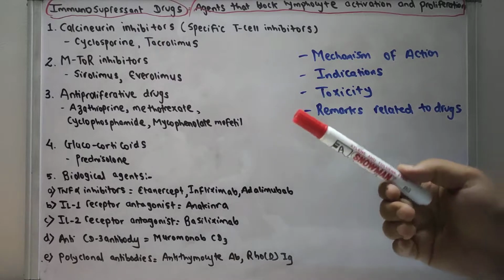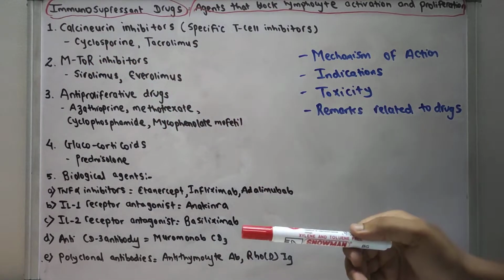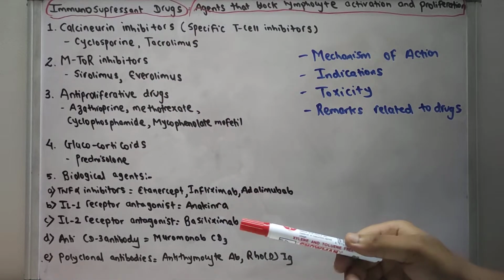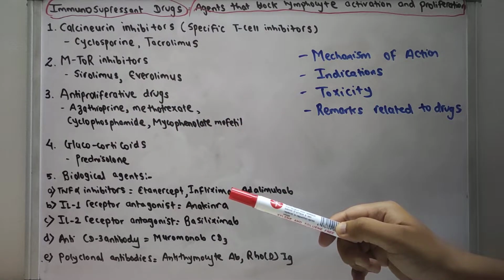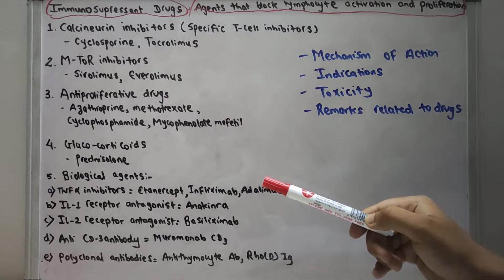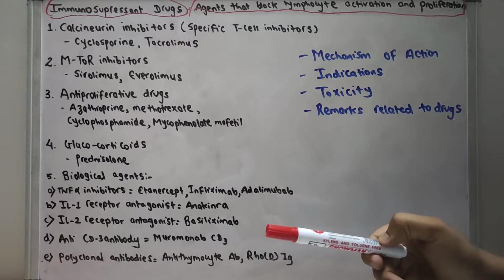Those are cyclosporin and tacrolimus. There are the mTOR inhibitors. Those are sirolimus and everolimus. The anti-proliferative drugs are azathioprine, methotrexate, cyclophosphamide, and mycophenolate mofetil. The glucocorticoids are prednisolone and other glucocorticoids.